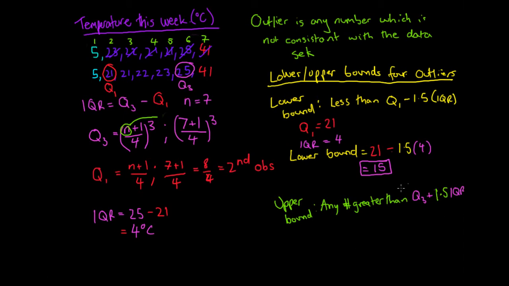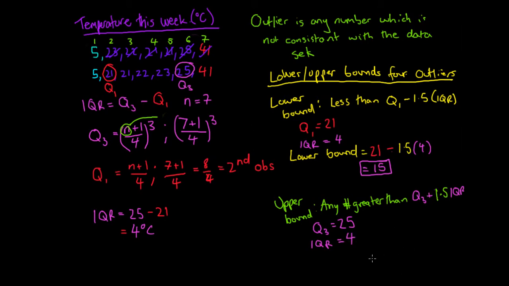So we can just calculate that. We know that our third quartile was equal to, up here, 25, and our IQR again was equal to 4 degrees down here. So our IQR is equal to 4.